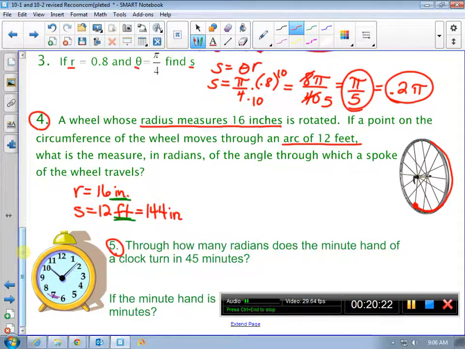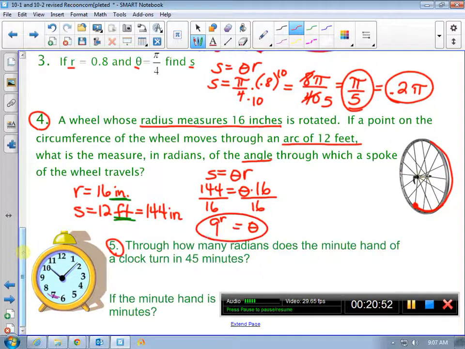There we go. Find the angle through which a spoke of the wheel travels. So we're looking for theta. Divide by 16. And we have 9, and we know it's radians. 9 radians.